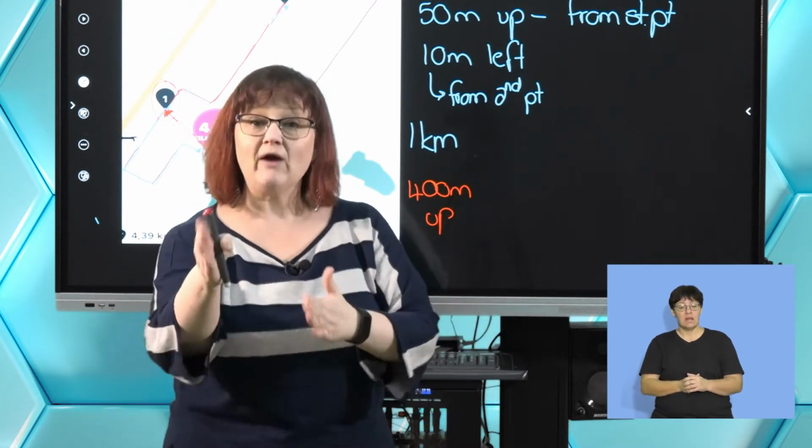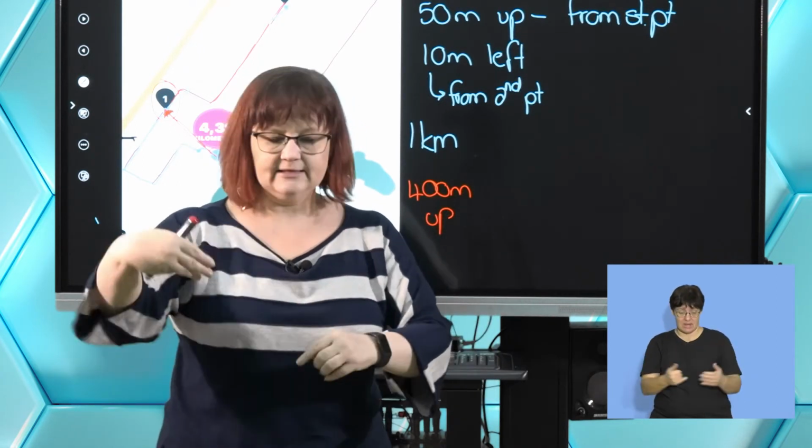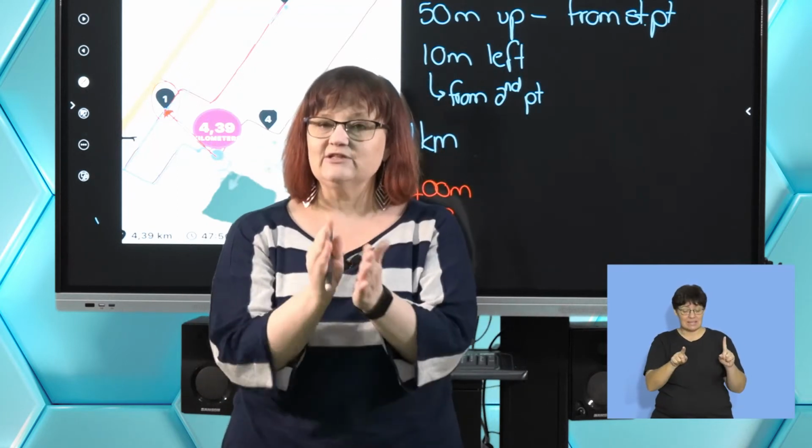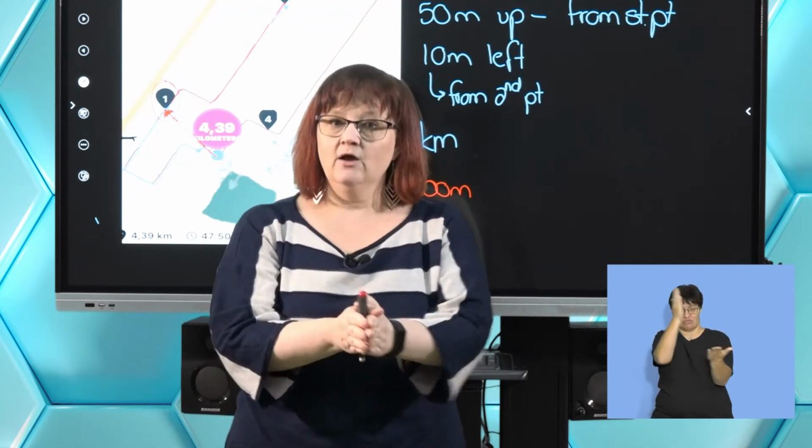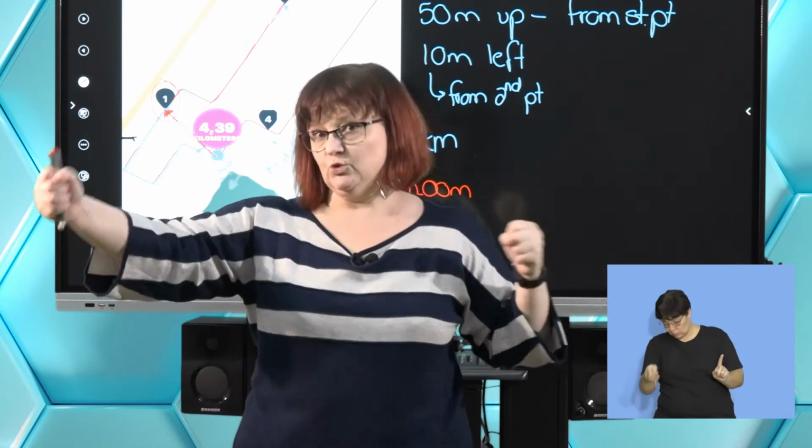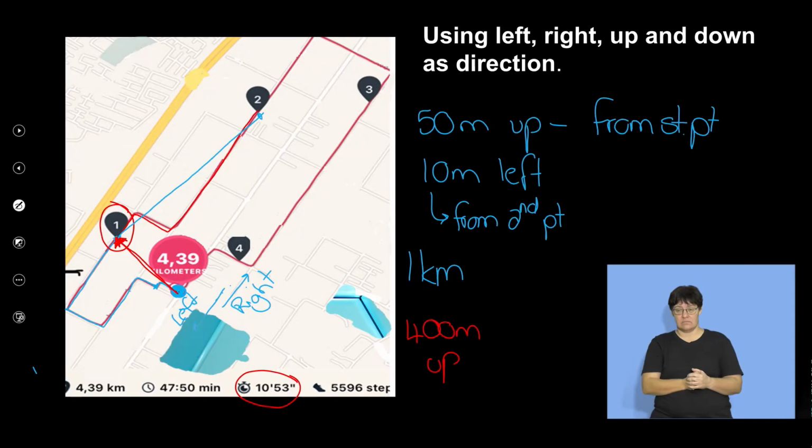Displacement is a straight line. Distance can take twists and turns, and we don't really care. Displacement is a straight line from one point to another. If we're now looking at her displacement from the starting point, it's there to there, okay?